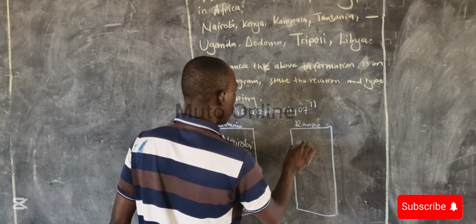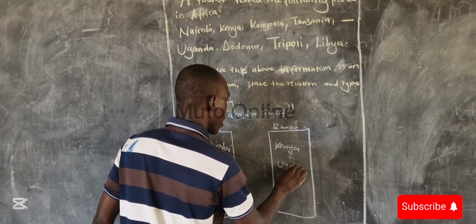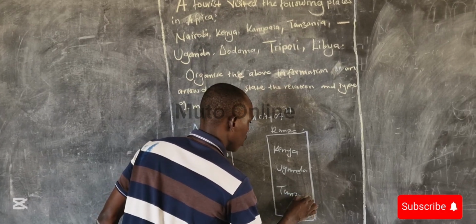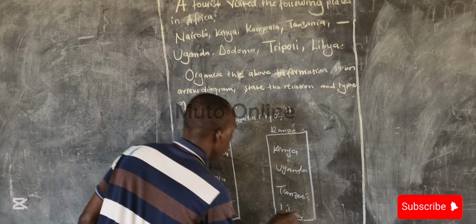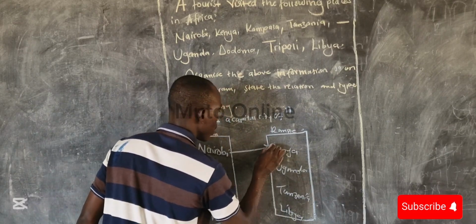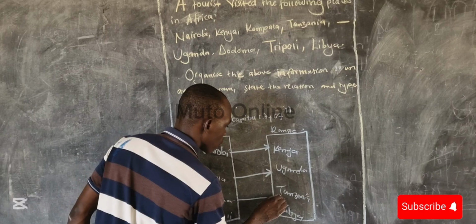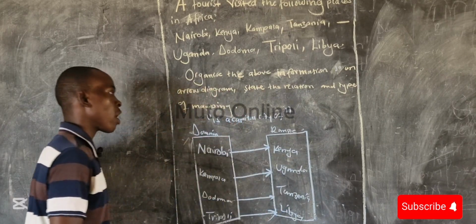Now, Nairobi goes with Kenya, Kampala goes with Uganda, Dodoma goes with Tanzania, then Tripoli goes with Libya. Now you use an arrow diagram, and these arrows must point to the side of the range, like that. So that is our arrow diagram.